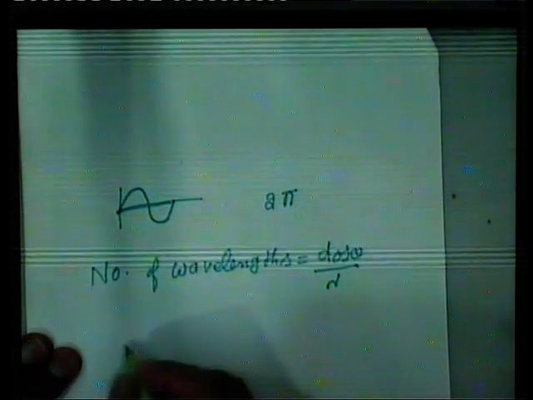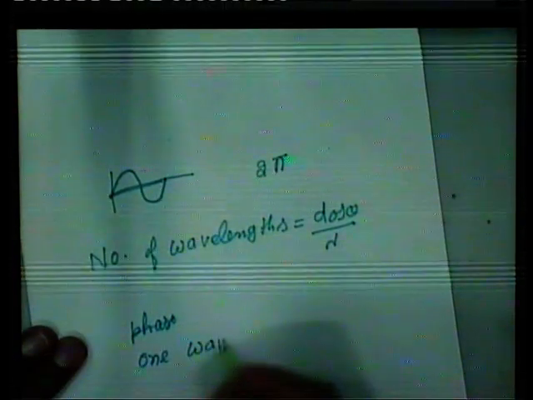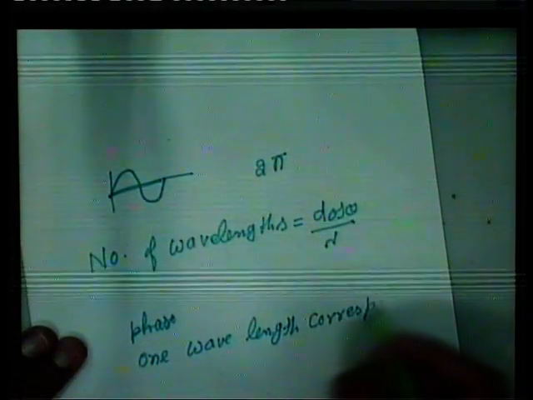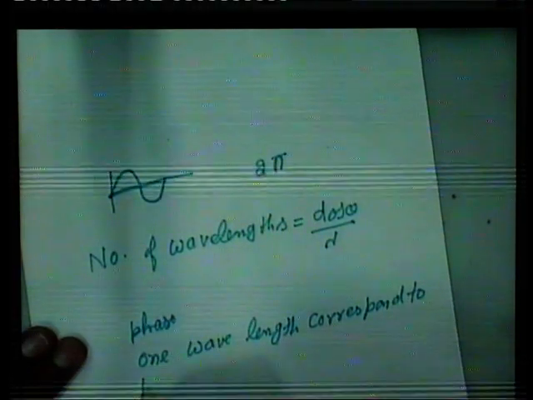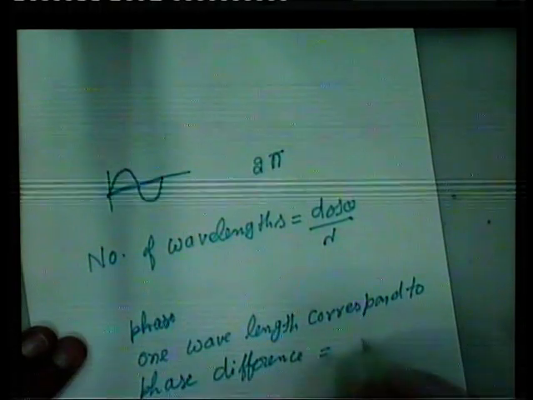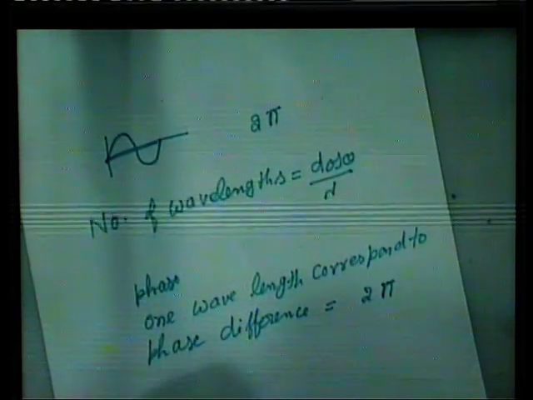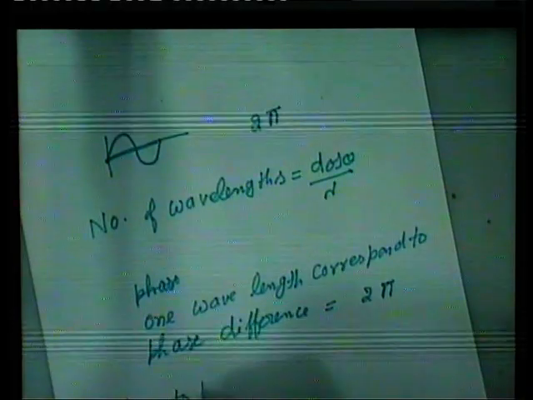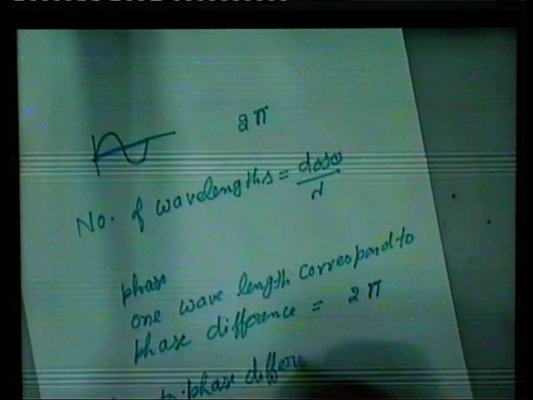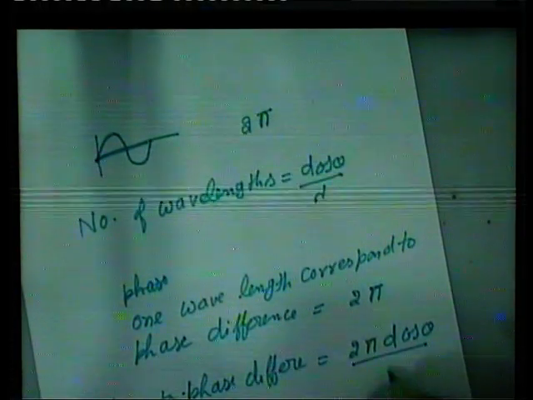So phase difference: one wavelength corresponds to a phase difference equal to 2 pi. Then total phase shift, the phase difference, is equal to 2 pi d cos theta by lambda.